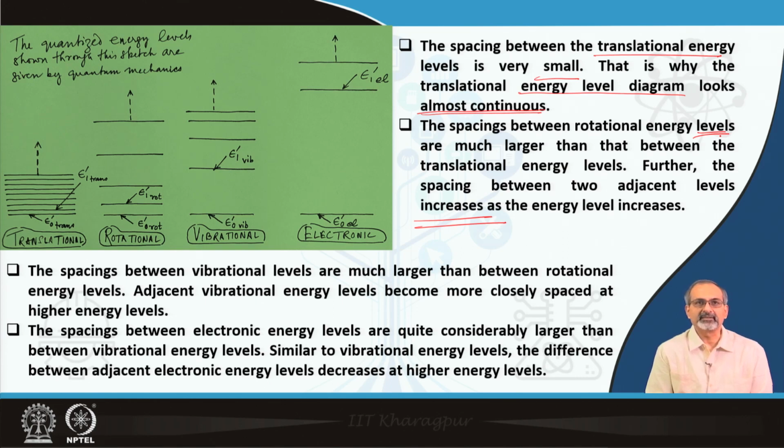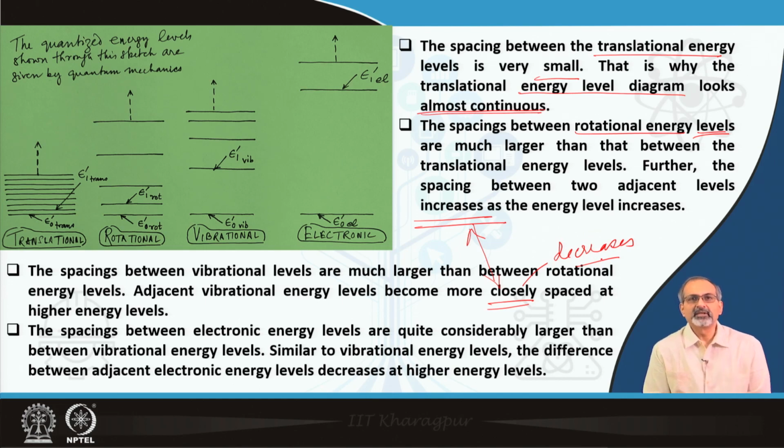Spacings between vibrational levels are much larger than between rotational energy levels, and adjacent vibrational energy levels become more closely spaced at higher energy levels. So, this is in contrast to what you have in the case of rotational. Closely spaced means basically that the gap between adjacent levels decreases.